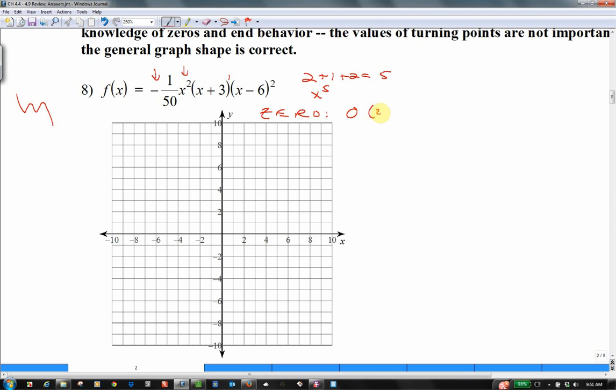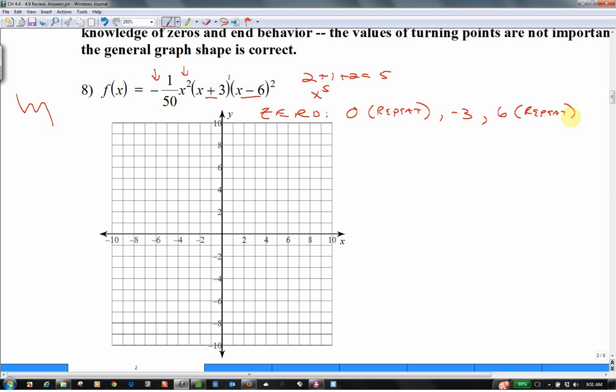So I'm going to put repeated, so I know that. And then I'm going to have a 0 at -3 for this factor. And then I'm going to have a 0 at 6 for this factor, and it also will be repeated. That's going to just touch.